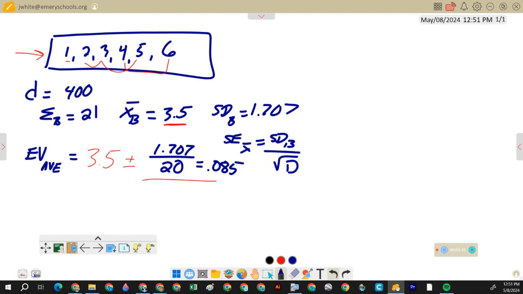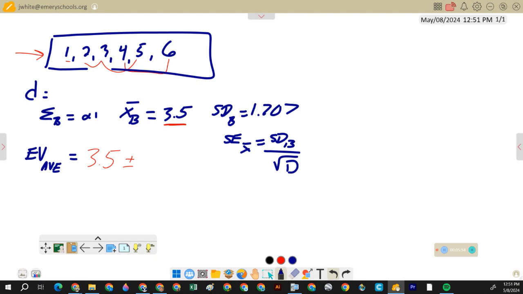Okay. So what is the chance of my observed value being less than 3.5? Wow. 0. Well, that's kind of weird.